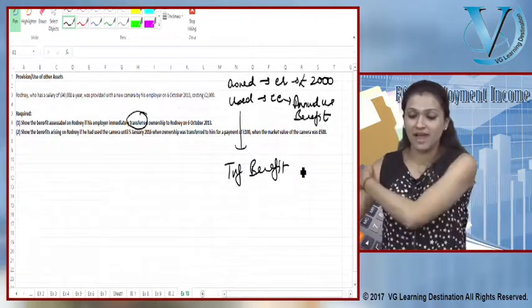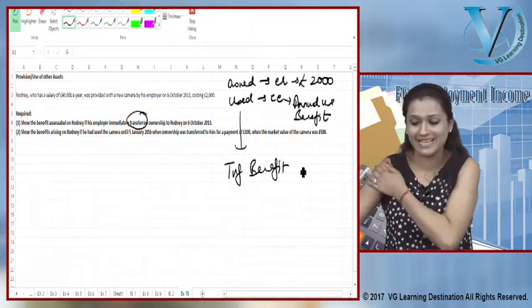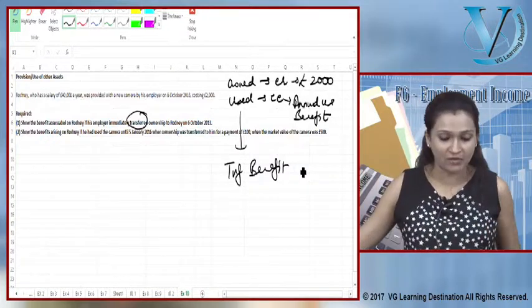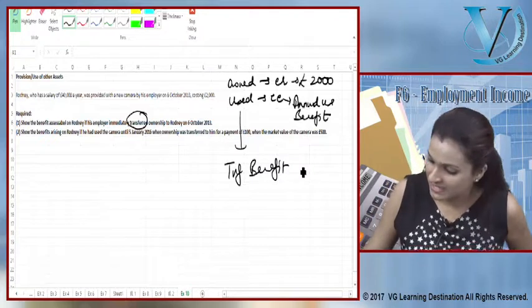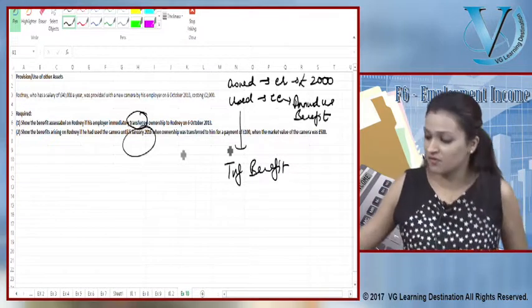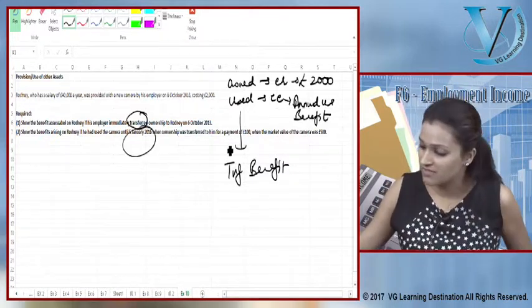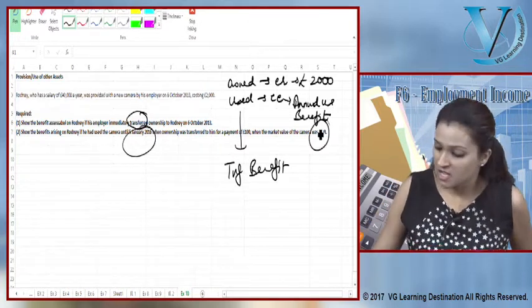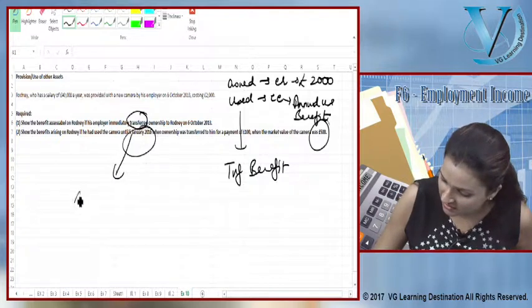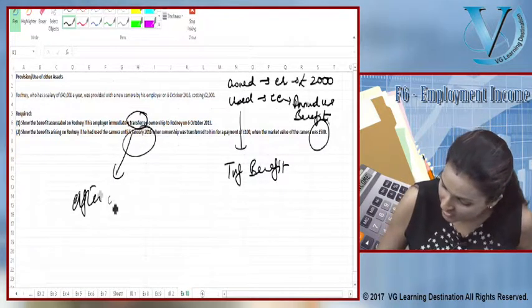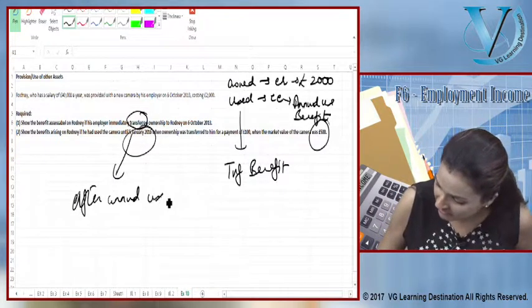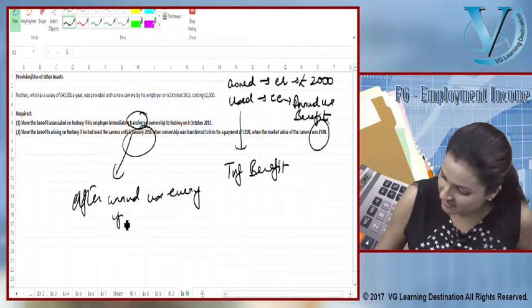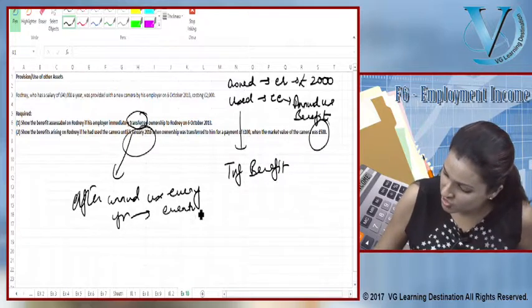Show the benefits arising on Rodney if he used the camera until the 5th of January 2016, when ownership was transferred to him for a payment of £100, when the market value of the camera was £500. So this basically is after annual use, every year, and eventual transfer.